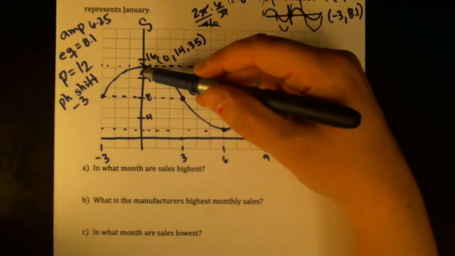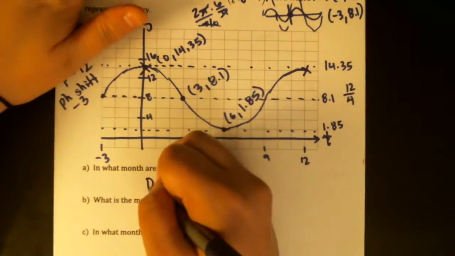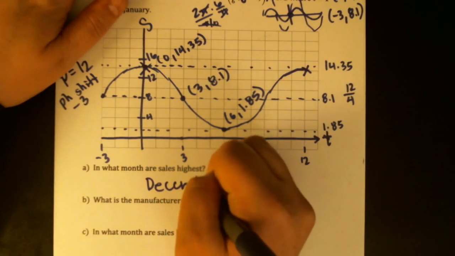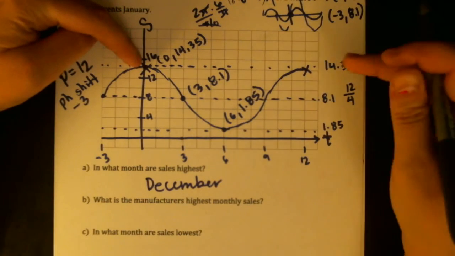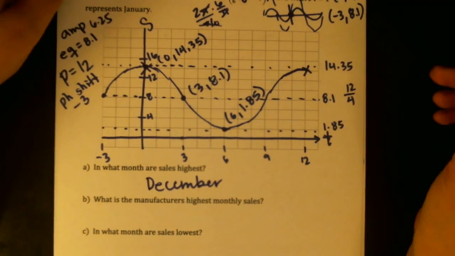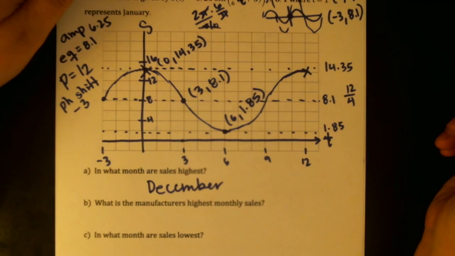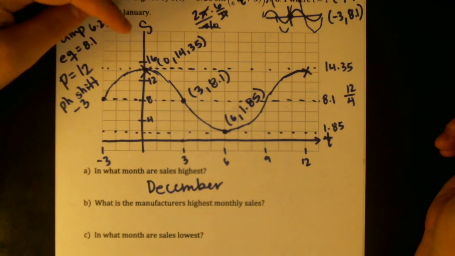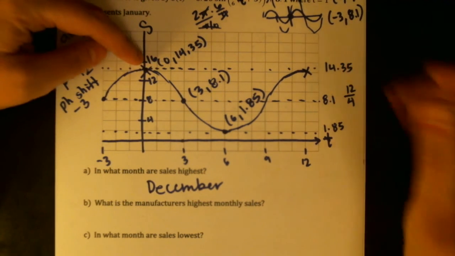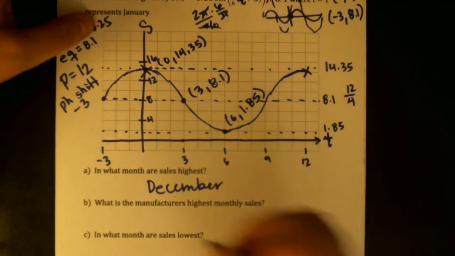Month 1 was January, so before that we were in December. And they're both December, right? This is December in one year, and this is December in the next year. What is the manufacturer's highest monthly sales? So the most that they'll make in a month, that December month, is $14.35 million.